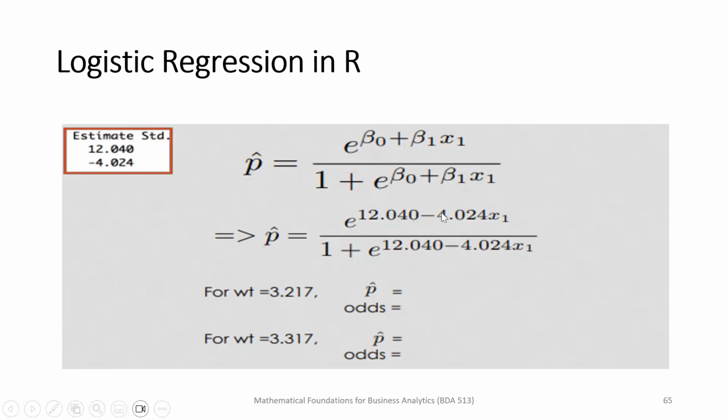Based upon this, please calculate the probability. This is our model now. I want you to predict the probability of a car being automatic or manual if the weight is 3.217. Kindly work it out and let's see. I have not worked it out here. I want you to do it based upon what we've done already.